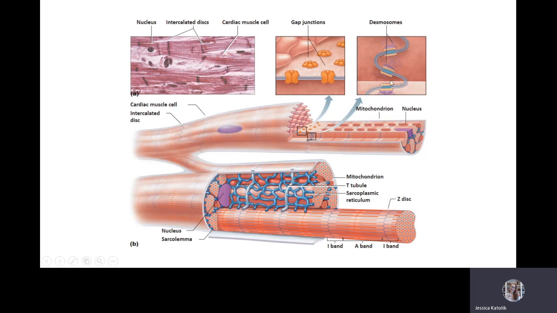The intercalated discs would be areas of the plasma membrane that have been folded together and overlapped, and in those folds we're going to have gap junctions that are going to allow for the electrical impulse to travel from cell to cell, coordinating the heart's electrical activity and its contractions. And also it's going to be connected by desmosomes, which are going to anchor the sarcomeres together, so they'll be tightly stitched together as a single unit.